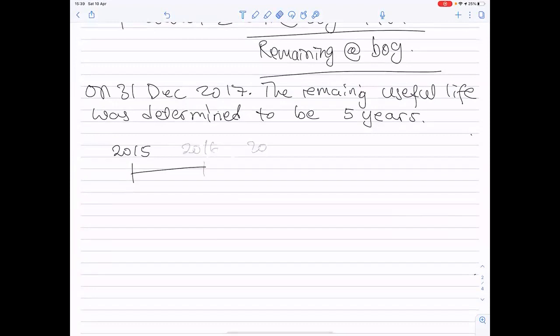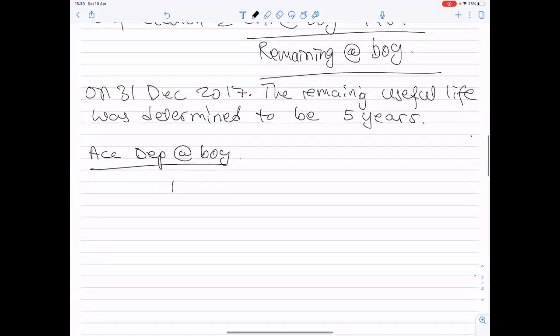It's 2 years. So when we are calculating our accumulated depreciation at the beginning of the year, we are going to say it is 100,000 minus 10,000 divided by 10 years multiplied by 2 years. I need to say 2 years, 15 and 16. So how much is it?